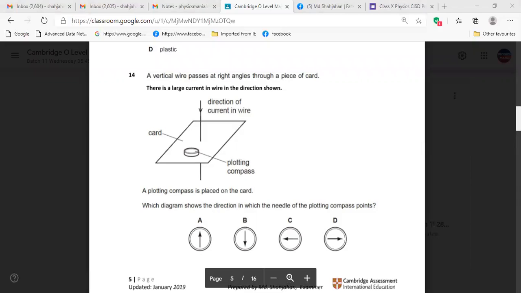So the direction of the compass is in this direction. It's clear.